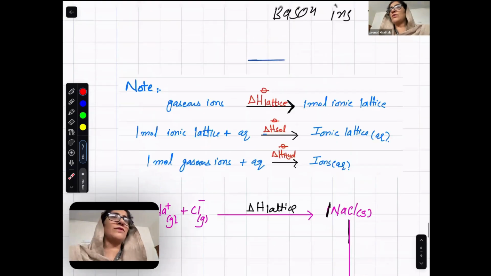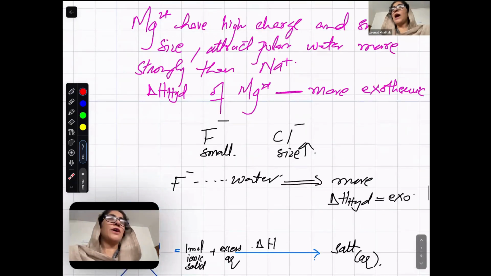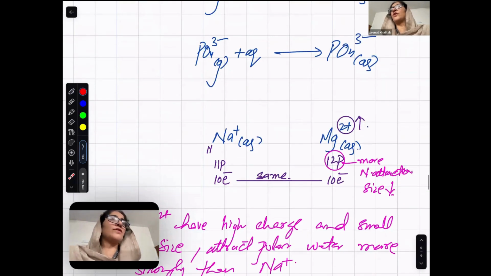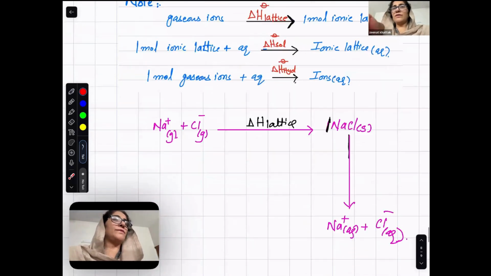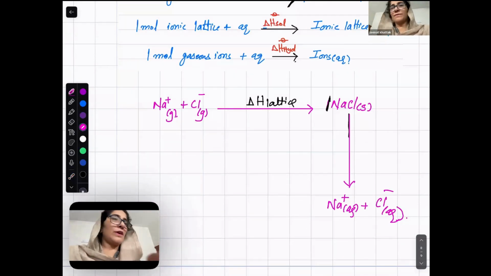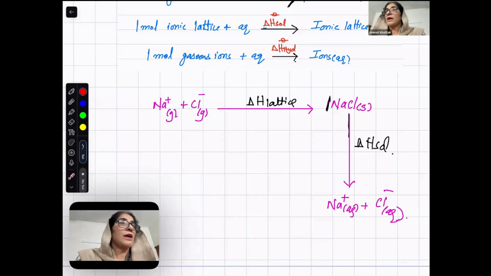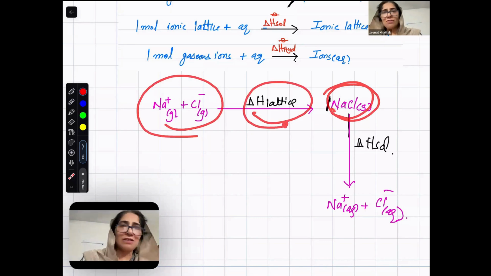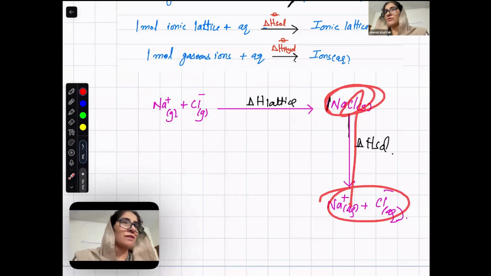When you put lattice in water, it's solution. When you put ions in water, it's called hydration. Repeat it again. When one mole of ionic lattice is made from gaseous ions, the enthalpy change is delta H lattice. When you put the lattice in excess water, you get solution.